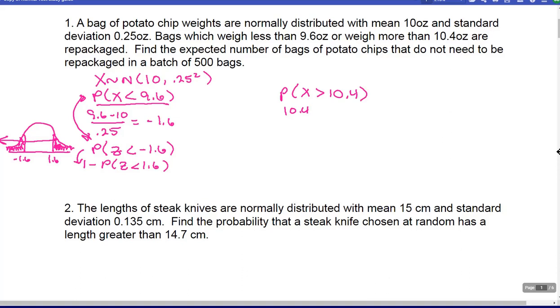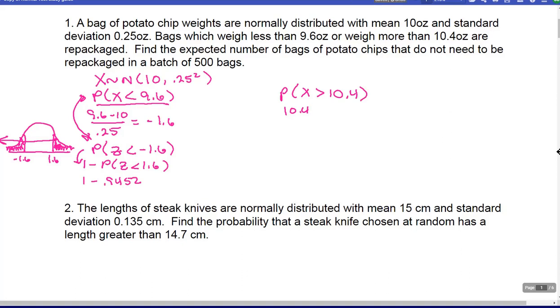Now, the thing is, if you do that, menu 7, and you do negative 9 times 10 to the 99, and then I put in 1.6. Now, don't get me wrong, I know what you did. You put in negative 1.6, right? Mm-hmm. But I'm putting in 1.6, and it's going to give me 0.9452, blah, blah, blah. Okay? Mm-hmm.